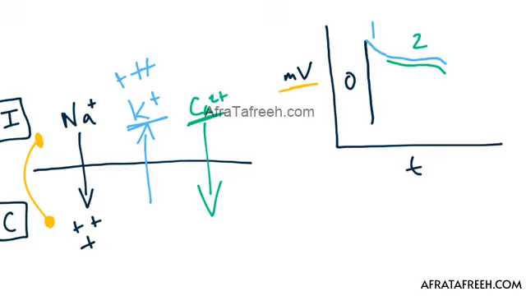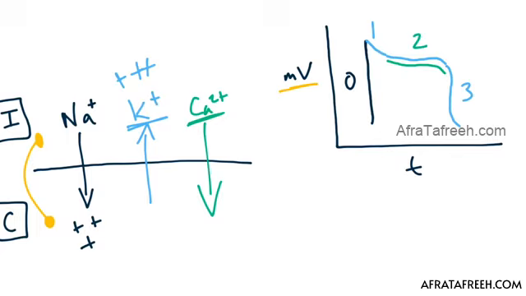Eventually, the calcium channels close while the potassium channels remain open. If only potassium is leaving the cell, then the loss of positive charges allows the cell to repolarize. This part of the action potential is called phase 3.